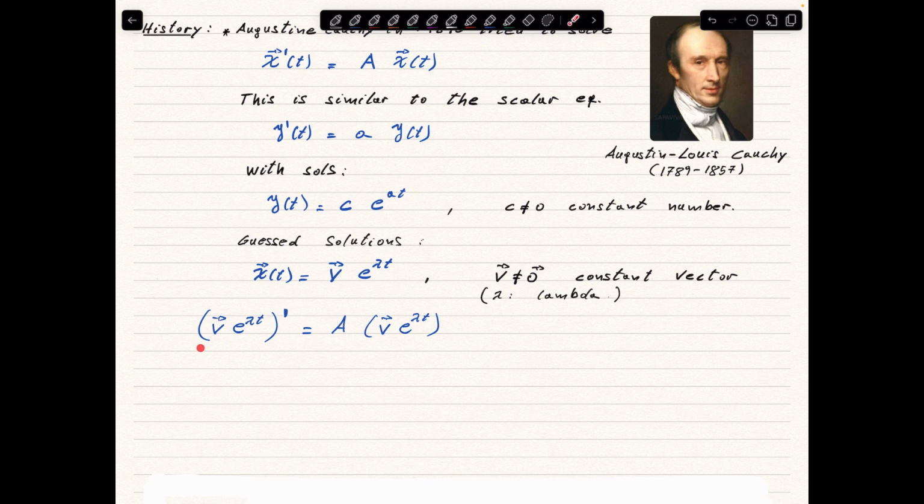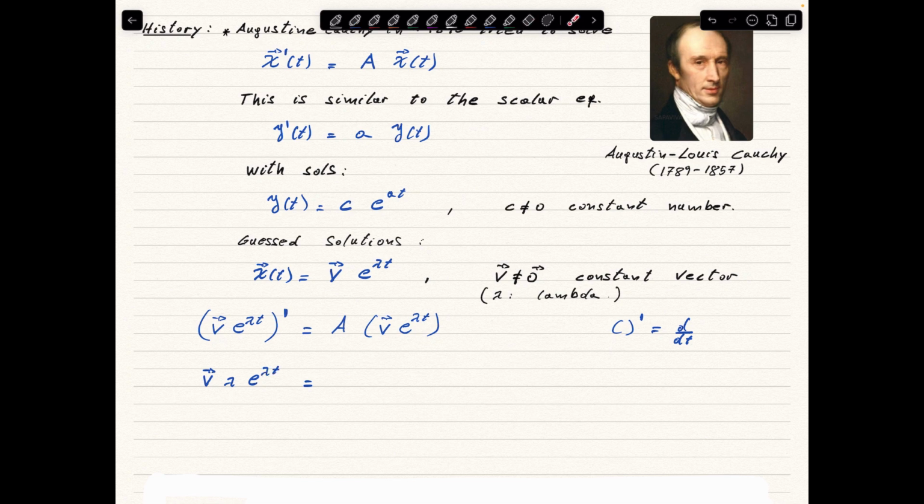Now, the derivative on this side is easy to do because this vector is a constant, so the derivative is only going to act on the function of t. Recall this prime means derivative with respect to t. Because of that, we are going to get the vector v, and the derivative of the exponential is going to be lambda exponential lambda t.